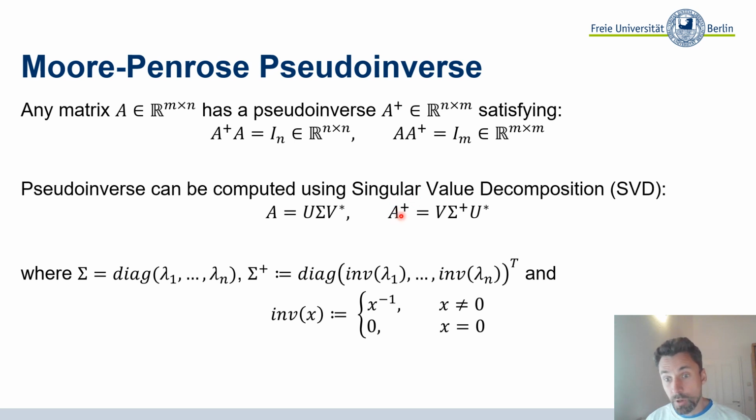And by doing that and reapplying this multiplication, we get A plus. And that's pretty simple because the sigma matrix is just a diagonal matrix. So it's 0 left and right of the diagonal. And these lambda values here are just inverted. So if they're non-zero, it's just one over the lambda value.